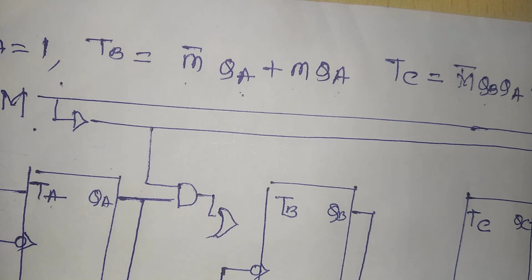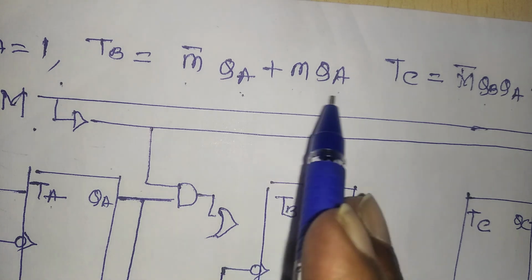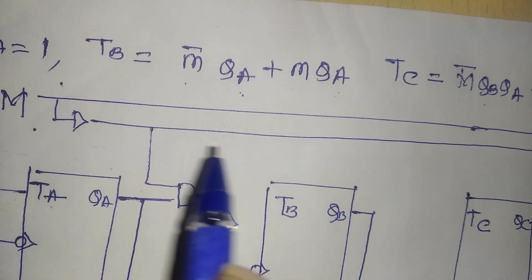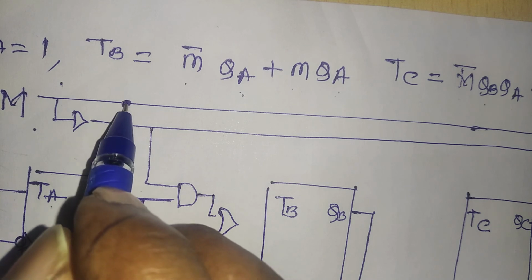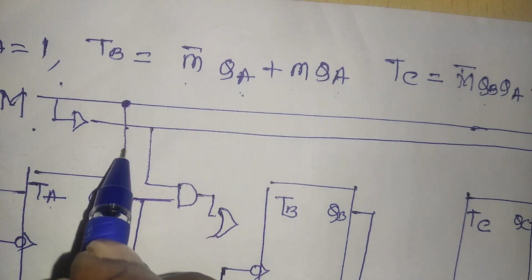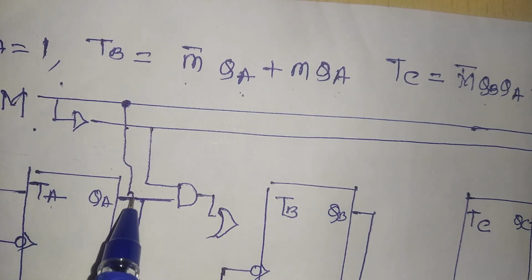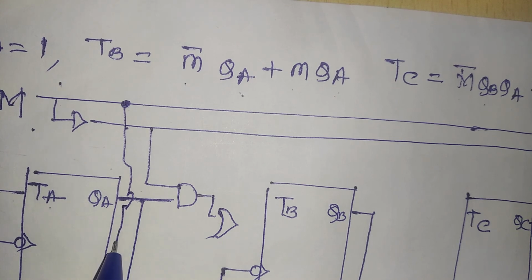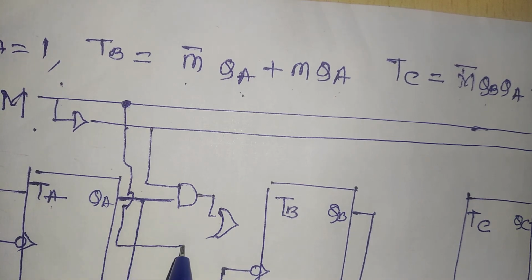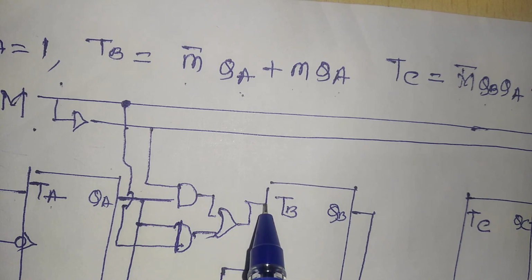Plus M QA. M QA means this M and QA connected to the OR gate, and the OR gate is connected to TB.